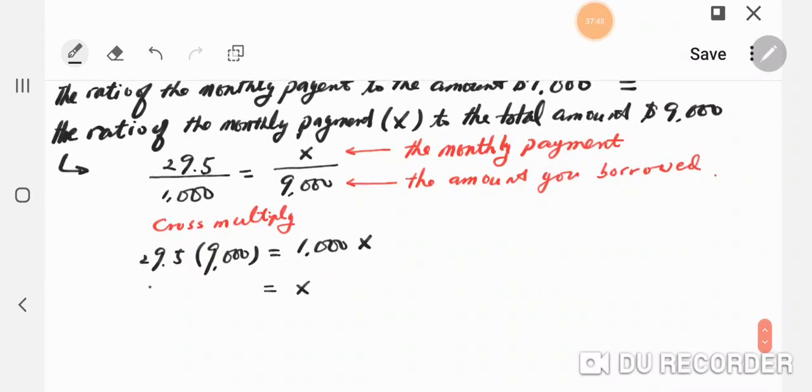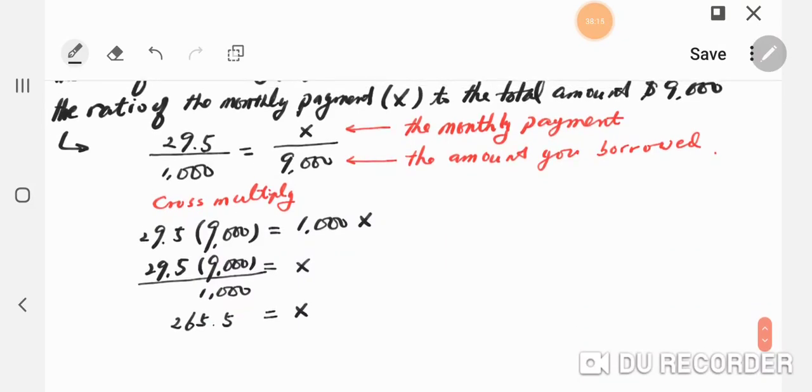So we have 29.5 times 9,000 divided by 1,000. Then X is equal to 29.5 times 9, since the 1,000s cancel out. Using the calculator, this will be 265.5.